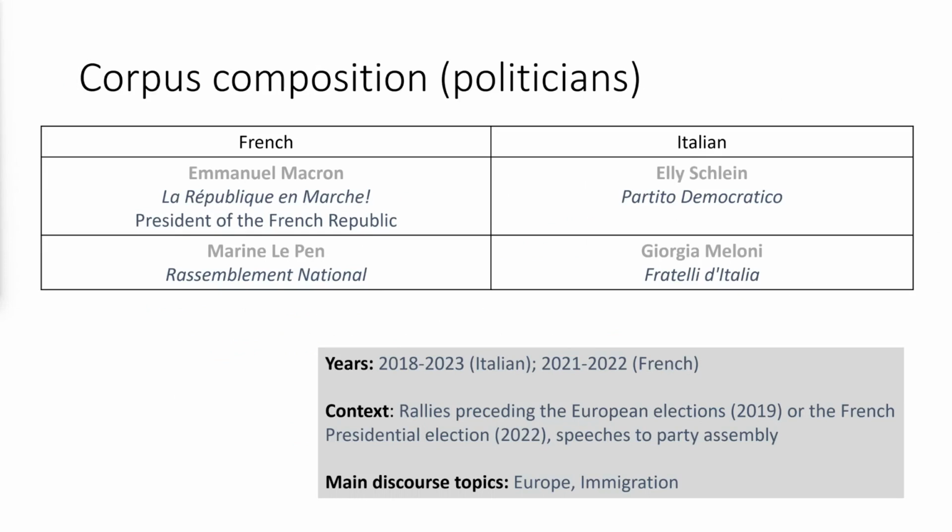The corpus contains speeches between 2018 and 2023, and 2021 and 2022 for the French politicians. The contexts are rallies preceding the European elections in 2019 or the French presidential election 2022, as well as speeches to party assemblies. The main discourse topics are Europe and immigration. We selected politicians from opposite political views to have a large spectrum of topics and positions.